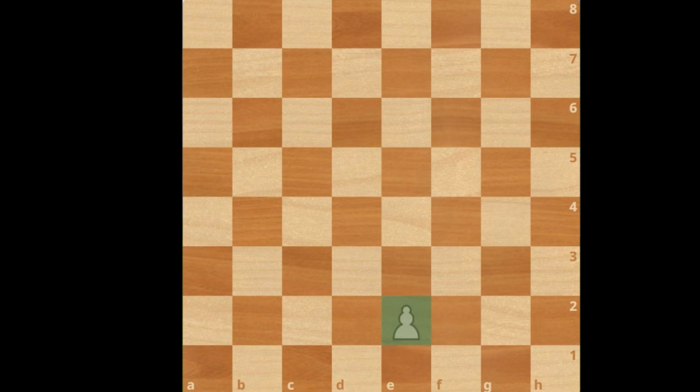So for white, the second rank is the starting rank of its pawns, and the starting rank for black pawns will be over here, on the seventh rank, which is the second rank for black, as first comes the eighth rank, then the seventh rank. For black, the eighth rank is the first, and the seventh rank is the second.